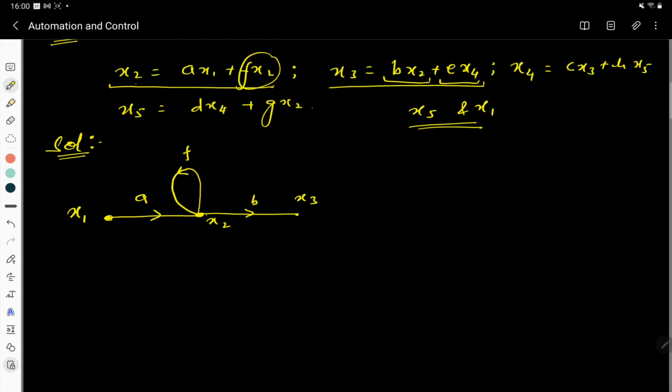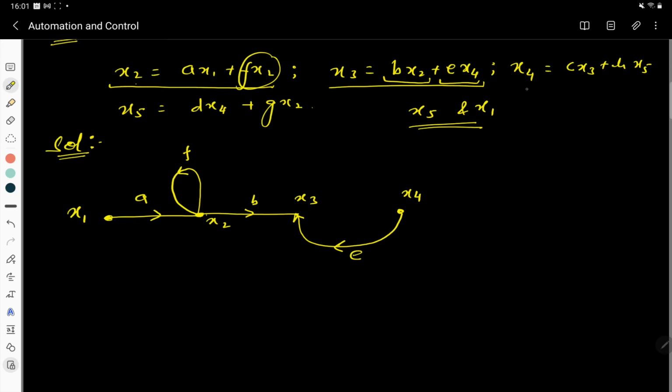And ex4 means there must be a feedback loop from x4. If we consider the node x4 over here, then there must be a closed loop coming back whose transmittance must be e. So this must be your node x4.